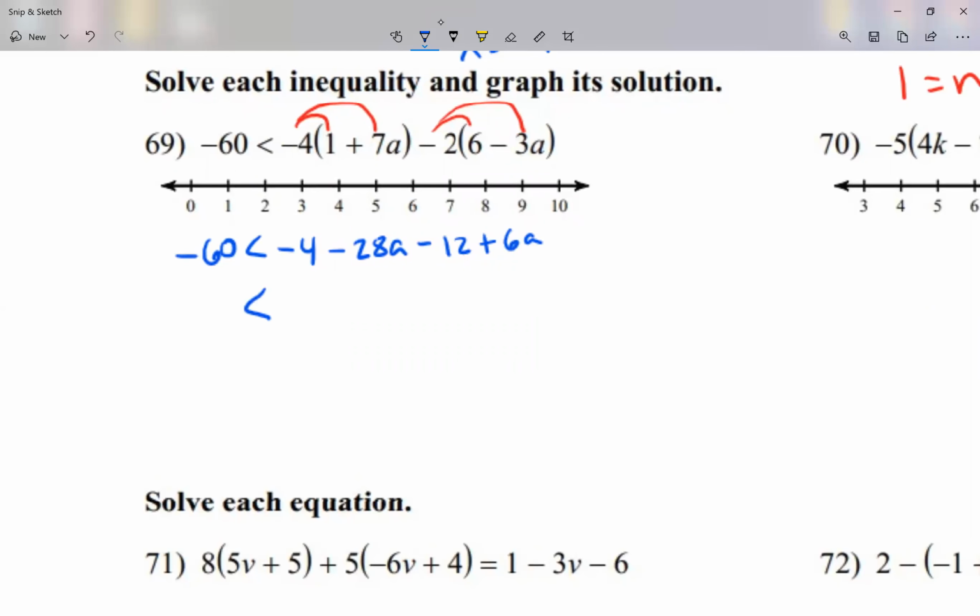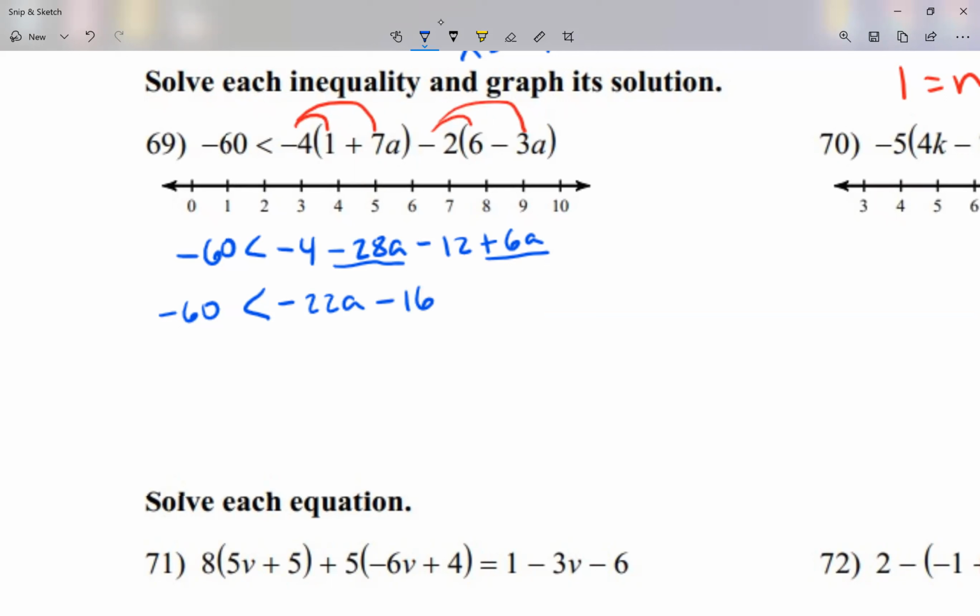On the left side, nothing I can combine. It's just negative 60. On the right side, let me combine my letters first. Different signs, so keep in mind your signs. Negative 28, positive 6a, that's going to give me negative 22a. Then number-wise, negative 4 and negative 12, that gives me negative 16.